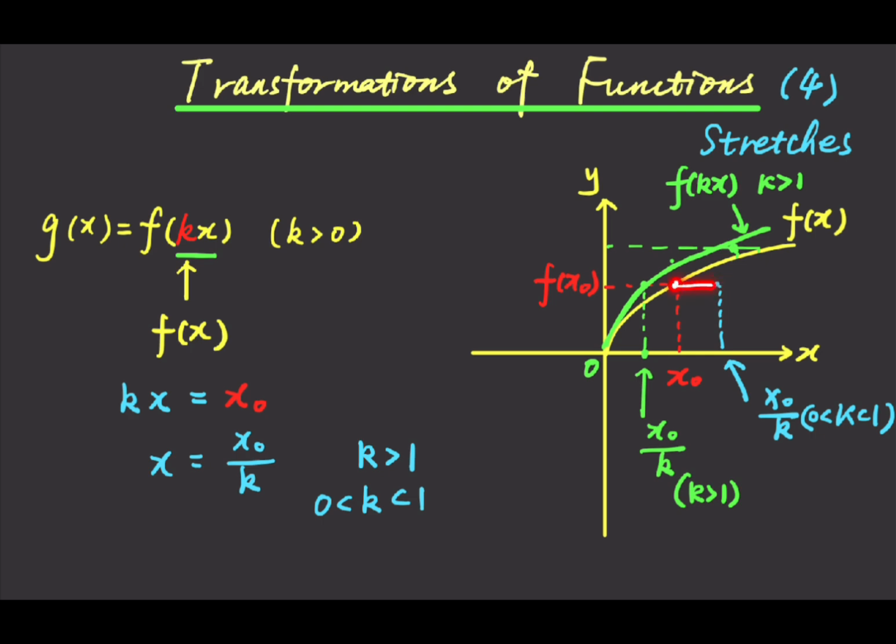This point should be here, this point should be here. So for every point, the corresponding image should be here. Then we connect all the image points and we can get this curve. It should be f(kx), but here k is greater than 0 and less than 1.